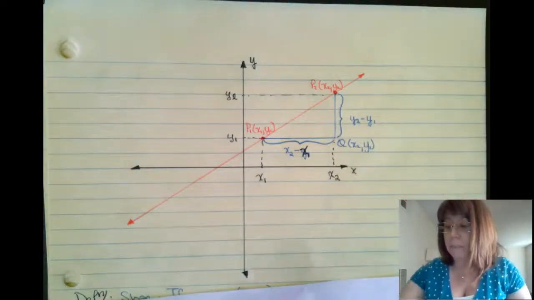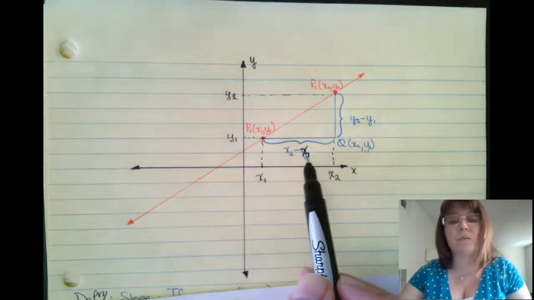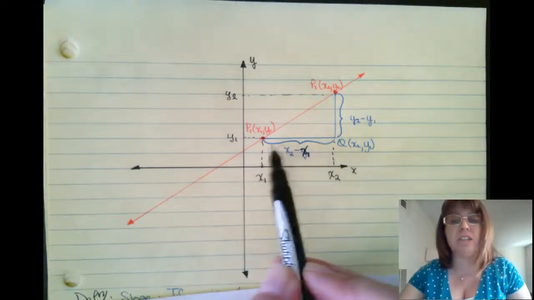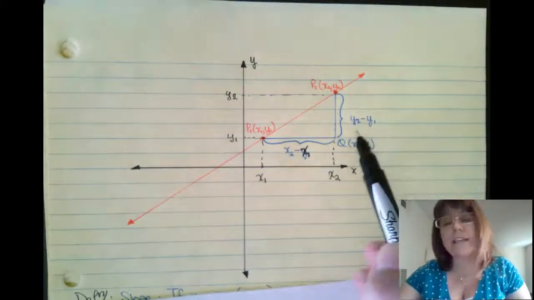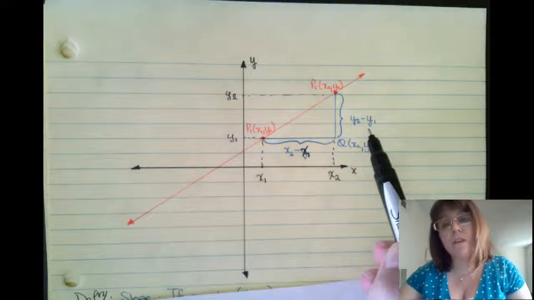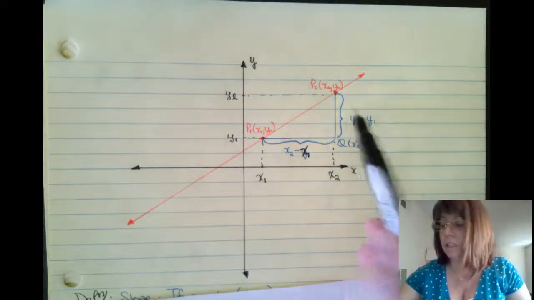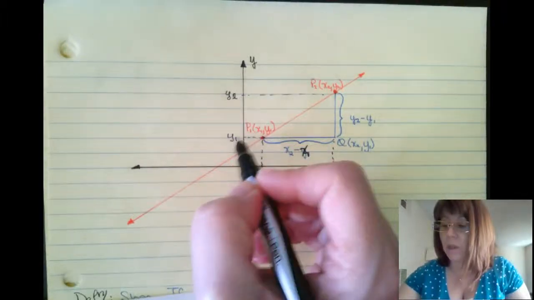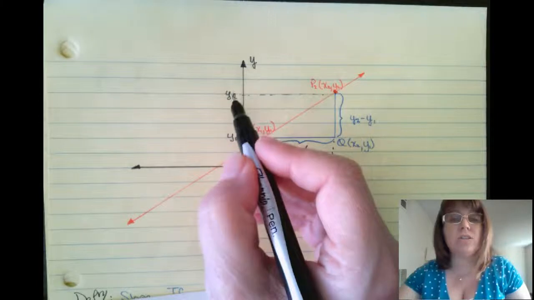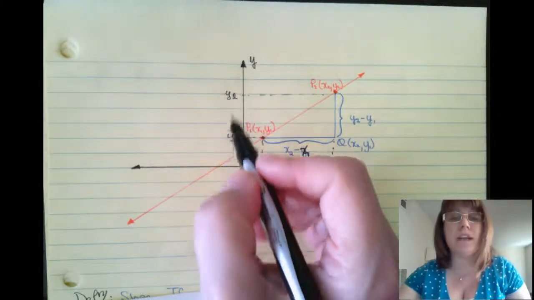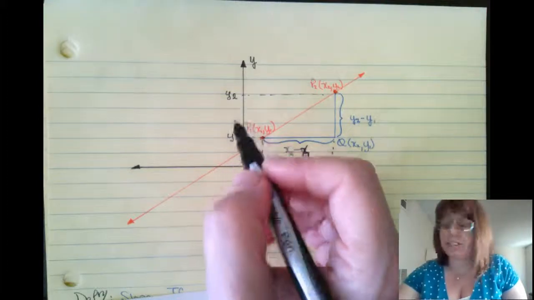So x2 minus x1 will give me the horizontal change, and y2 minus y1 will give me the difference in my vertical change. That's just this distance here. Well, if y1 was at 2 and y2 is at 8, how many more did I go up? 8 minus 2 is 6. So the change is 6.